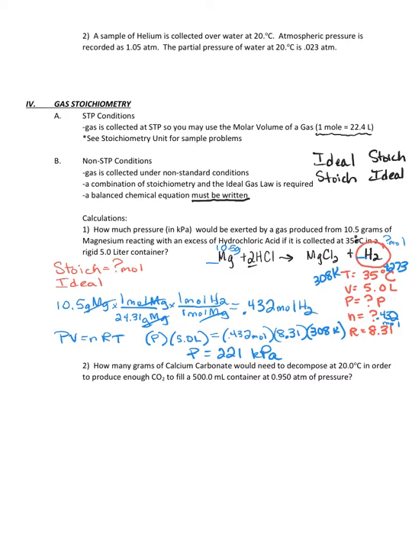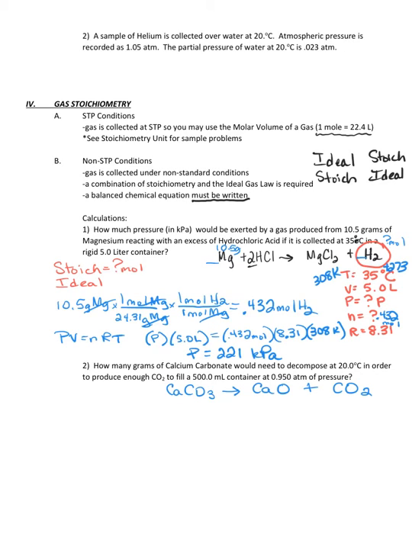All right, looking at our next one. How many grams of calcium carbonate would need to decompose? So we're decomposing calcium carbonate. That's a metallic carbonate. If you remember from your special cases, it decomposes into a metallic oxide and carbon dioxide. It's already balanced.